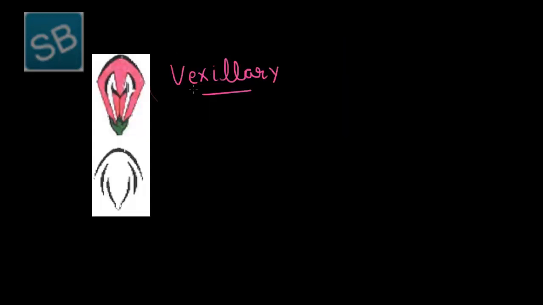Now the fourth type of aestivation is vexillary. This figure depicts the aestivation of vexillary type.